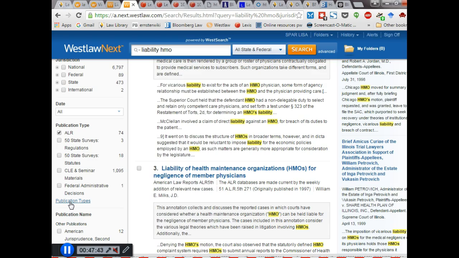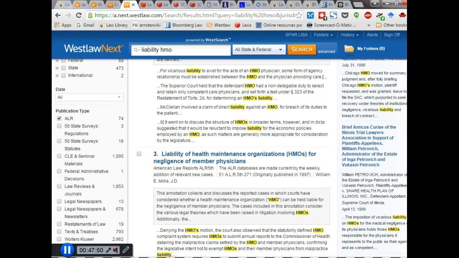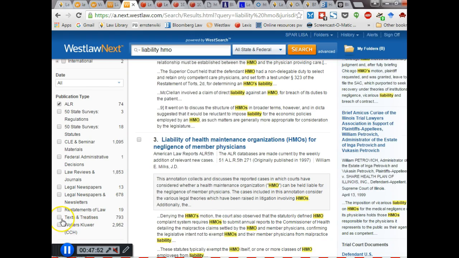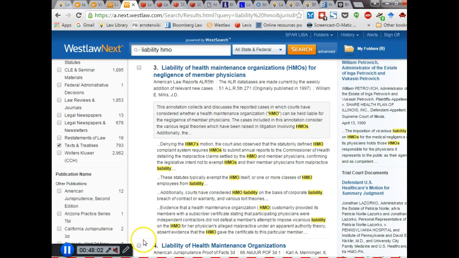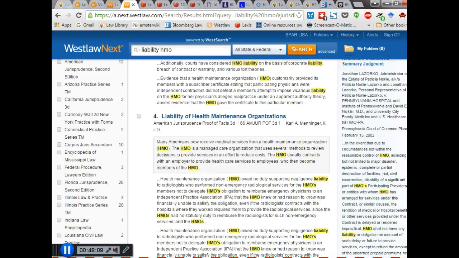If you want to know all of them on Westlaw, you need to hit publication types, and notice, then we finally see law reviews, which of course we know. And it turns out AmJur, the encyclopedias, would be in texts and treatises. So if I wanted to limit, I would also get treatises as well as AmJur. Or if I wanted to limit to particular publications, say I really just want to look at AmJur, or here's where I could limit, I really just want to look at New York Jur.